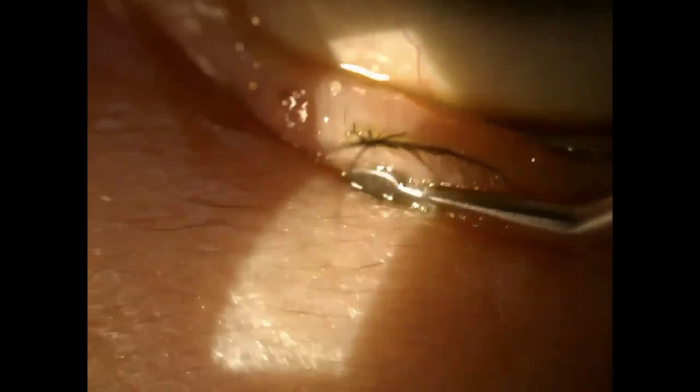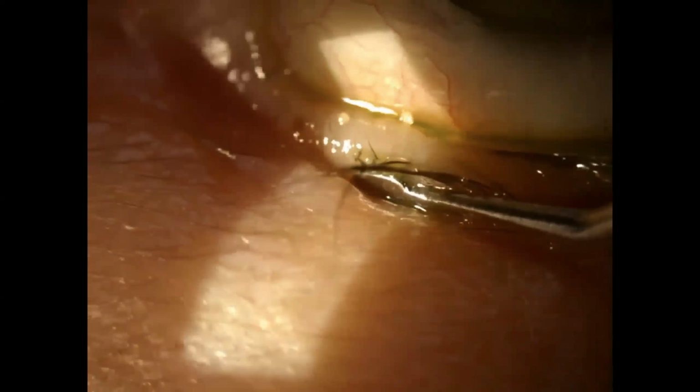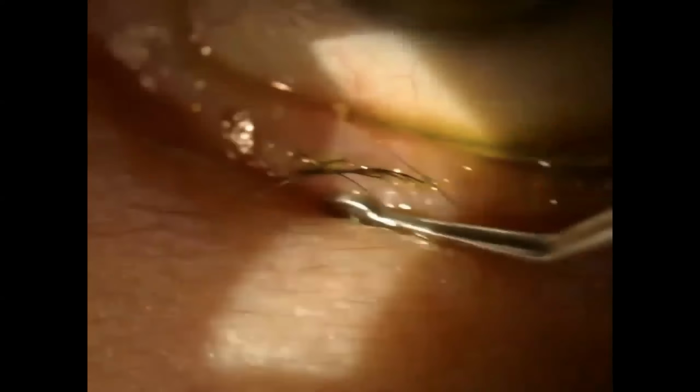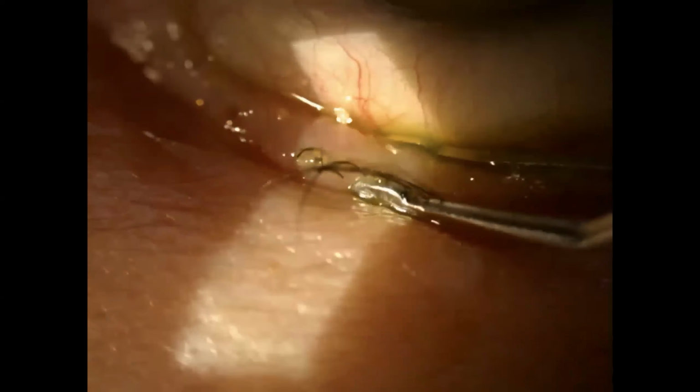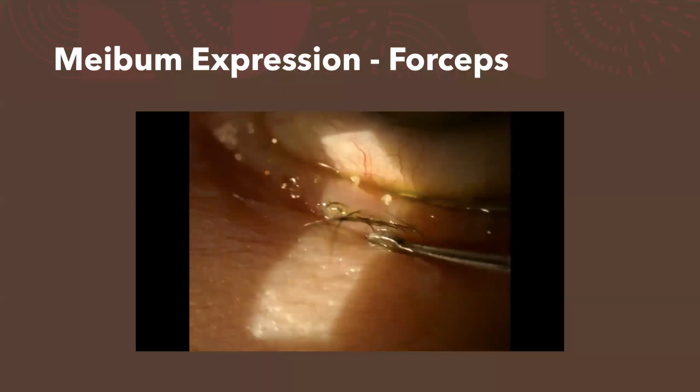You start off from one lid margin and slowly go to the other side of the lid. This is a very inexpensive but very effective way. You can do this periodically, every 2 to 3 months. Give a hot compress, give a course of doxycycline, wait for 1 week, and then ask the patient to come back and do this manual expression.